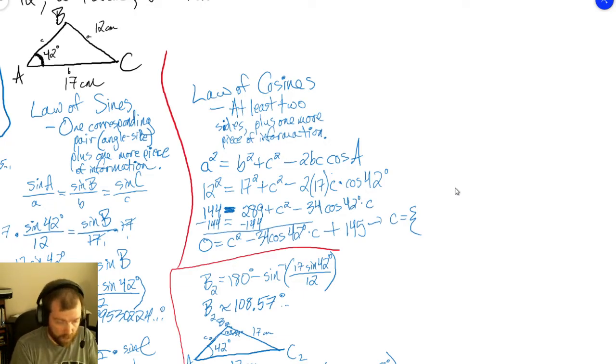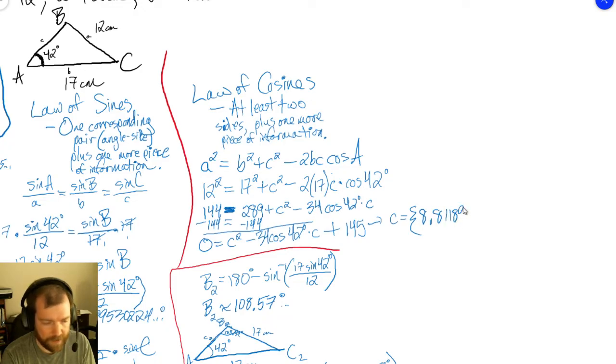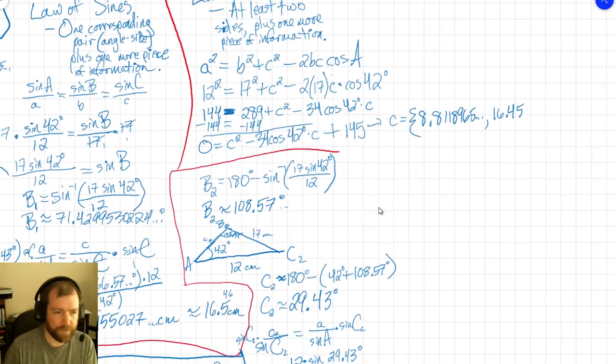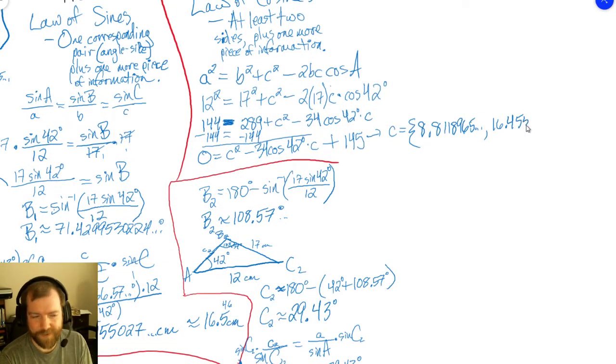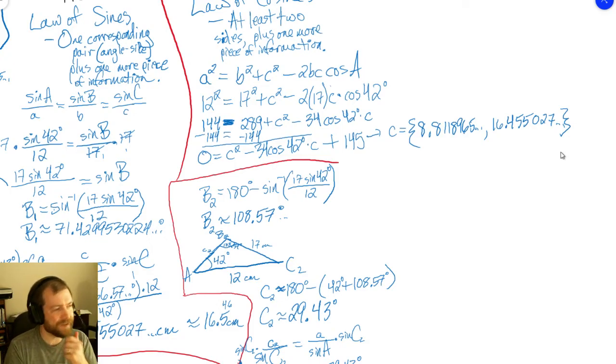This is going to be 1 for A, negative 34 cosine 42 degrees for B, and 145 for C. This yields us C values of 8.8118965, etc., and 16.455027, etc. I couldn't actually see it on my calculator because my program ends the program, unfortunately.